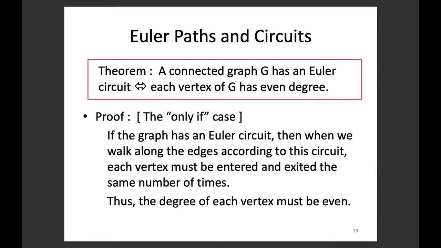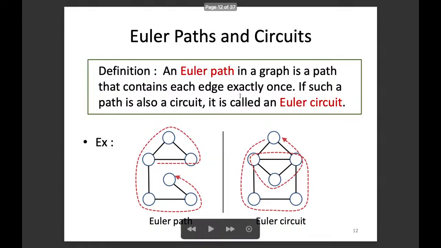We just walk along the Euler circuit, and we find that every time we enter a vertex, we must go out. So every in corresponds to an out, so each vertex must have an even number of edges joining to it. The only exception is the starting vertex. For the starting vertex, we go out first, but every time we come back, unless it is the end, we must go out again.